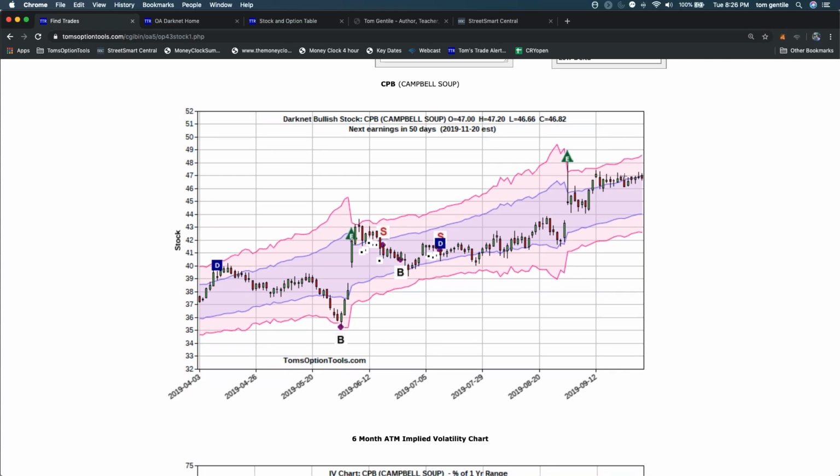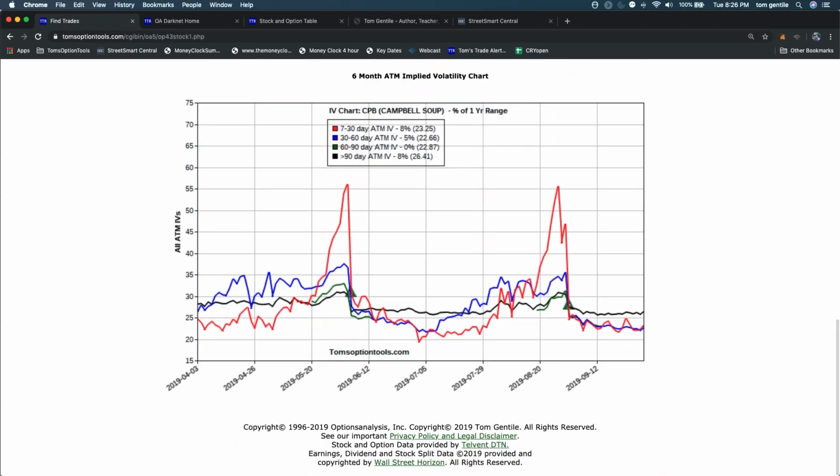But Campbell's has been moving up. We're talking about something that was down here at 35, and now we're looking at the high 40s. I'm going to talk about these buys and sells in a few minutes. Very interesting that something as boring as soup, which earlier in the year everybody hated, you couldn't hear enough bad news about it. But look at the volatilities.